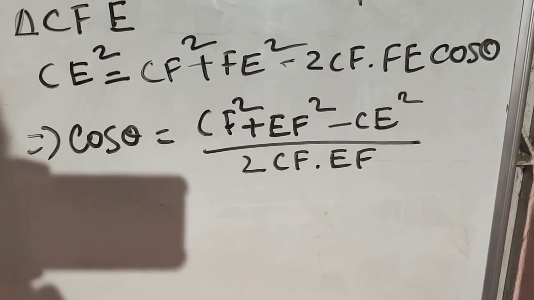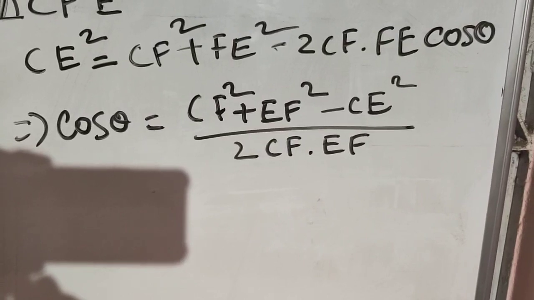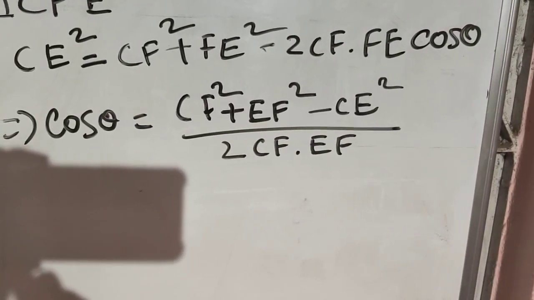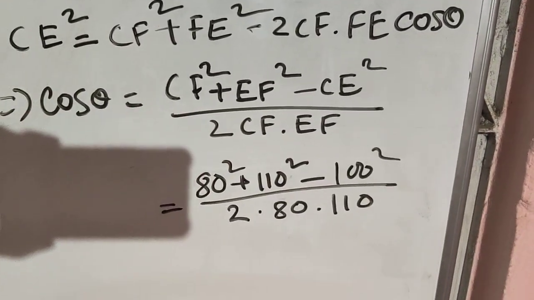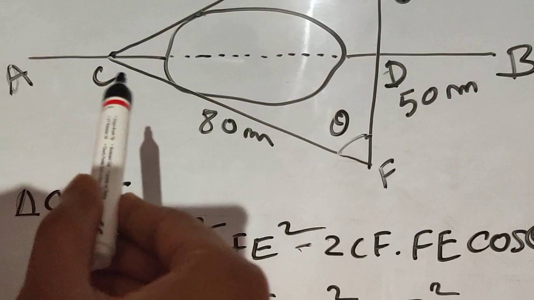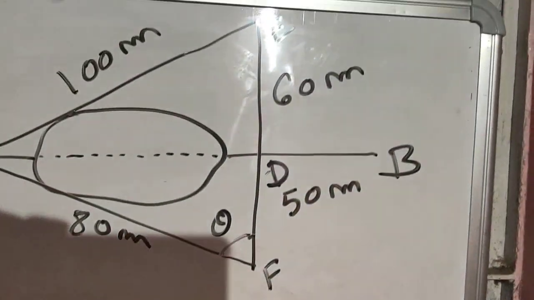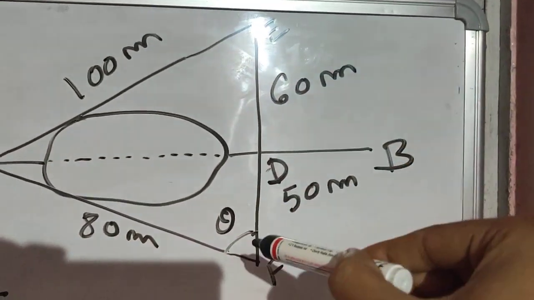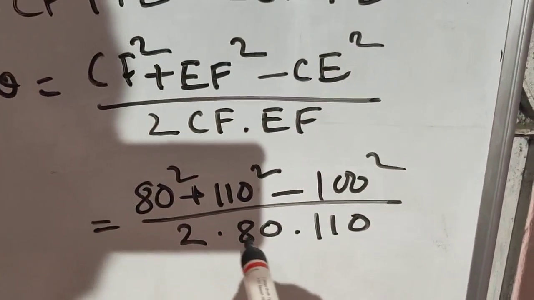The values of CF, EF and CE are all given, so I have put down the values. CF square: if you look at the question, CF is 80, so 80 square. EF is equal to 60 plus 50, so EF is 110, so 110 square.